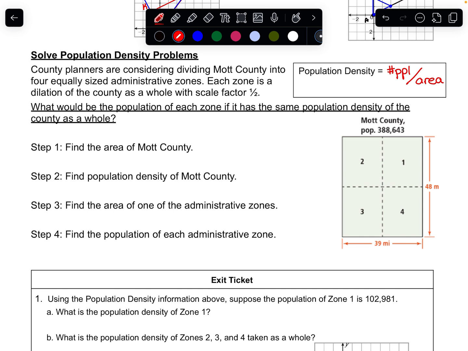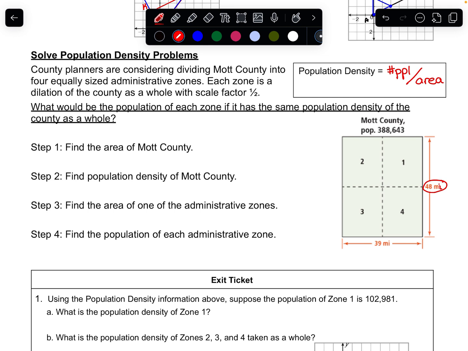People per area is what we're looking for. So I think that this was a typo over here. This is supposed to say miles. It's not supposed to be meters and miles. I'm just trying to teach you population density. We don't have to change a bunch of units.